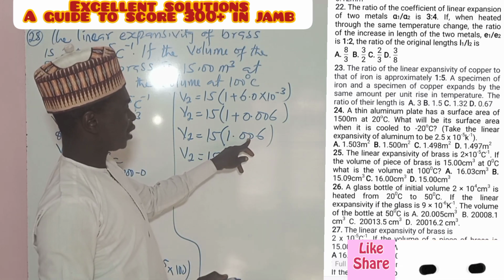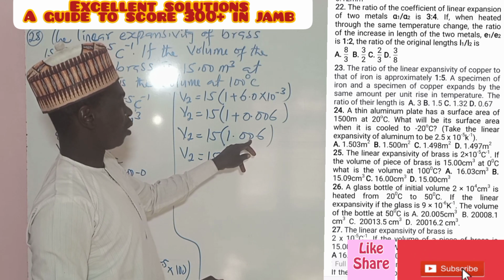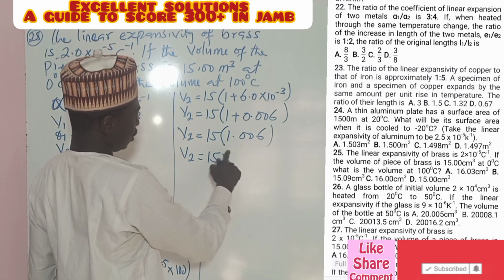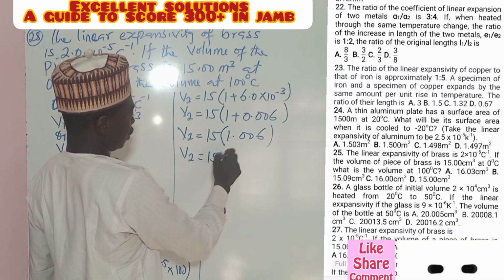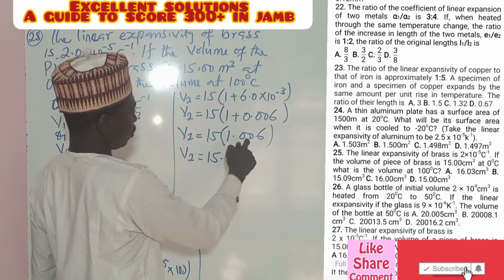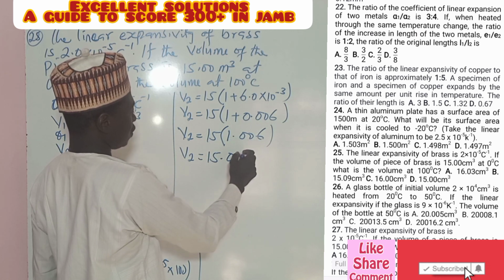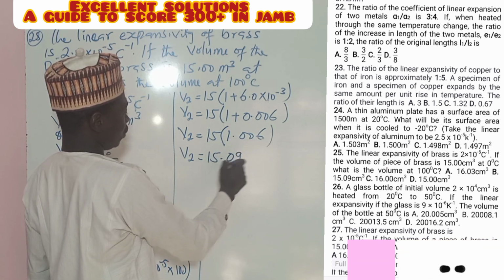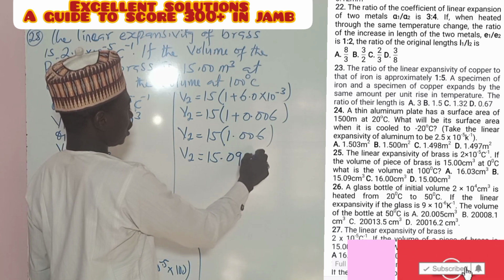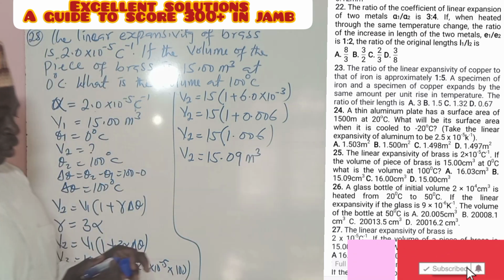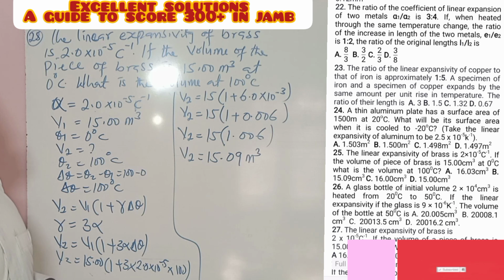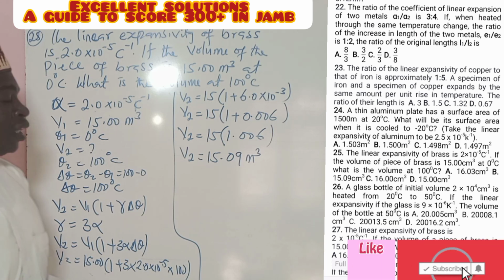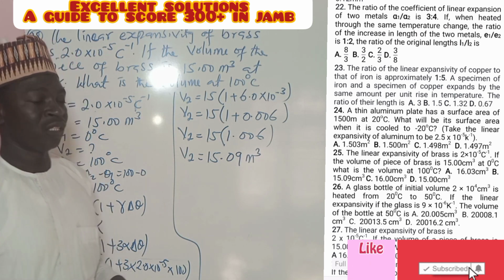So this 90 will take the point of this 0. So this is the same as 15 point 0. This 15 times 0.6 is 9. So this is 15.09 meter cube. If we look at our options, in option B we have 15.09 meter cube. The answer to this question is B.